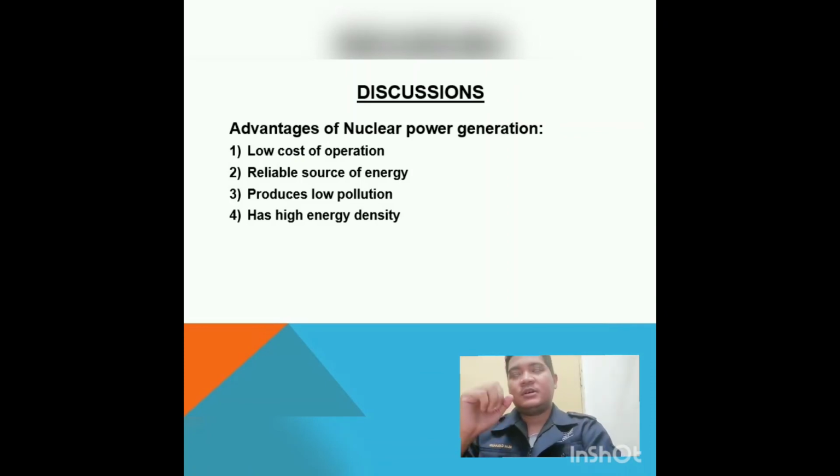Okay, the fourth advantage of using nuclear power generation is that it has high energy density.